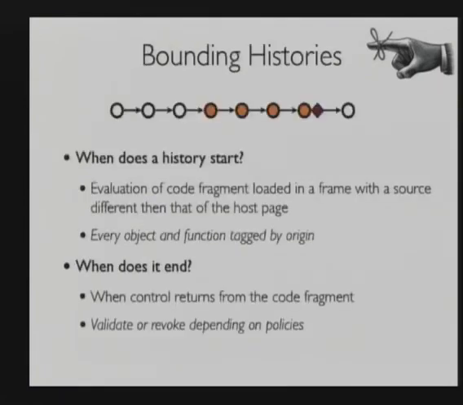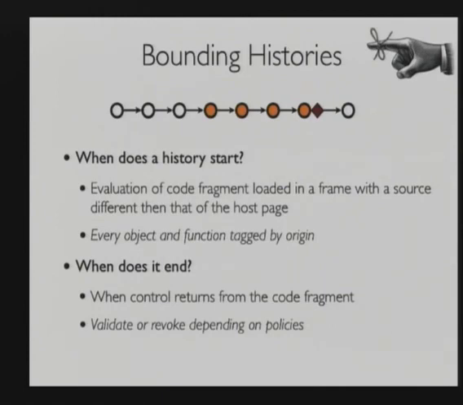So the first thing is, how do we bound histories? Well, it's simple. What we say is, every time you start executing code that comes from the untrusted world, you start a history. When you finish executing that piece of code, we'll stop it. And we validate at the end.